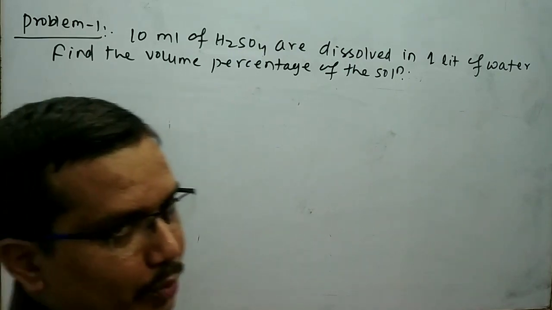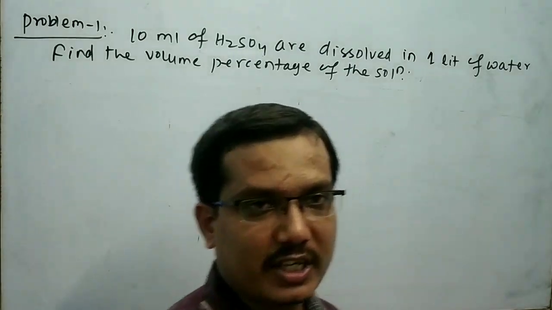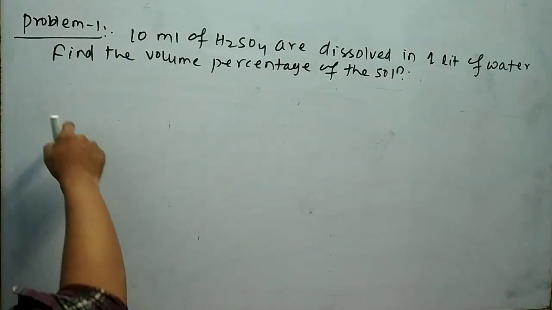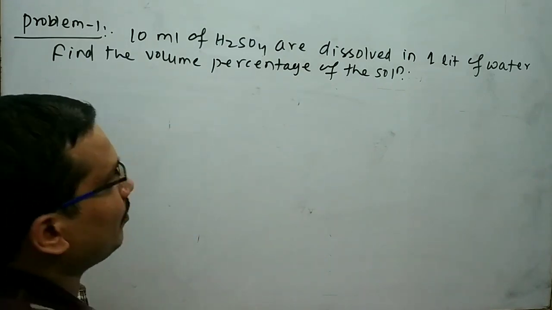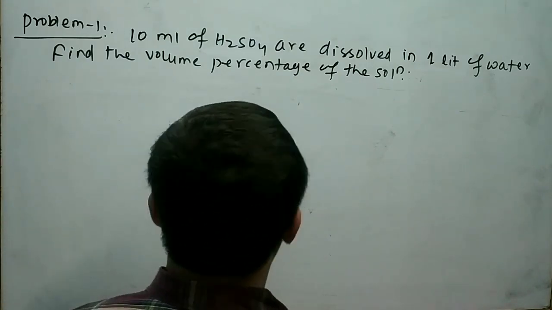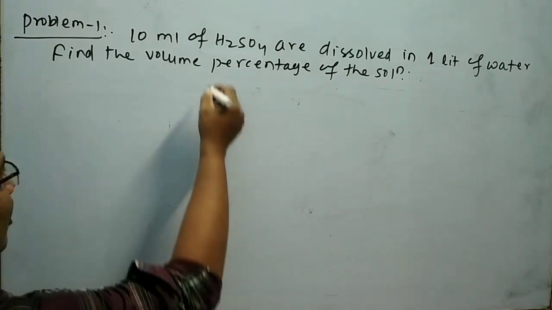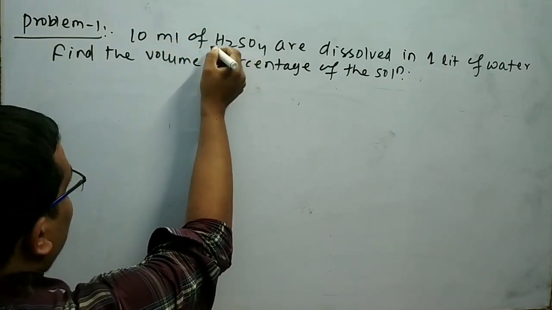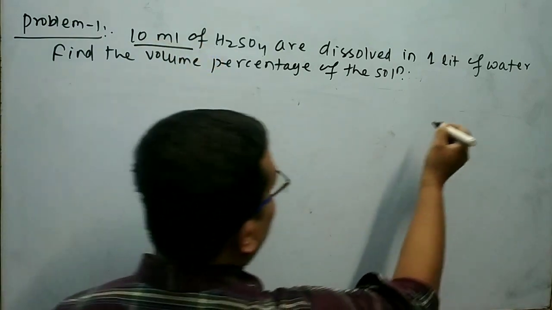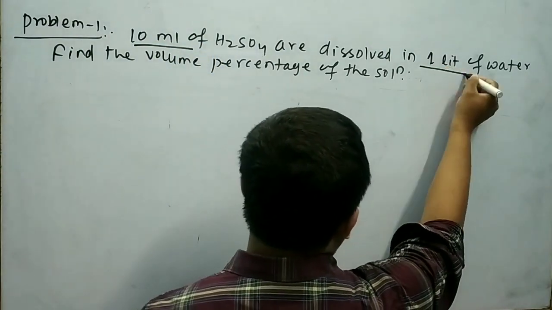Now I will do some problems related to the concentration of solution. First problem: 10 ml of H2SO4 is dissolved in 1 liter of water. Find the volume percentage of the solution. Here volume of solute is 10 ml, volume of solvent is 1 liter.